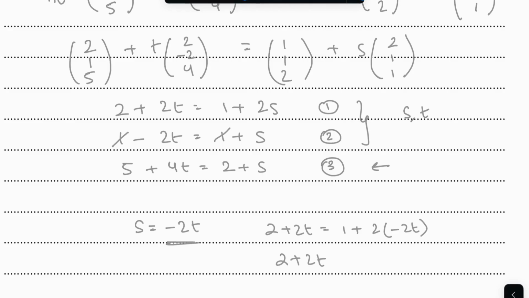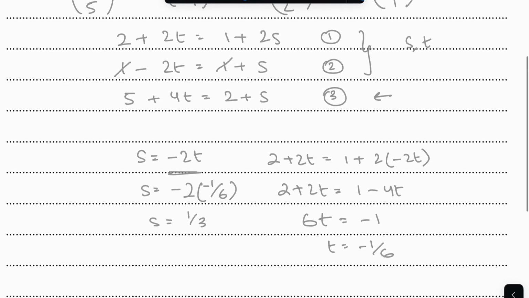If we solve this, we will get 1 minus 4t, and that will give us 6t is equal to 2 minus 1, which is 1 minus 2, which is minus 1. So t is equal to minus 1 over 6. And if we replace that here, we can see that s will be 1 over 3.